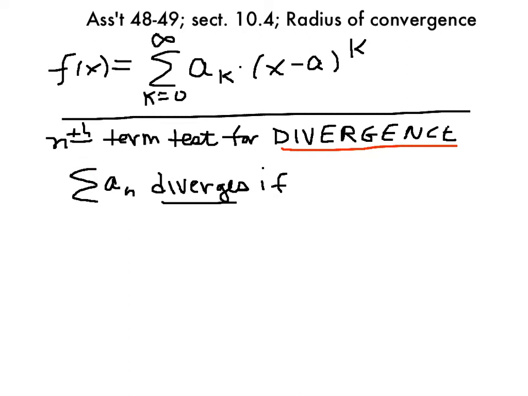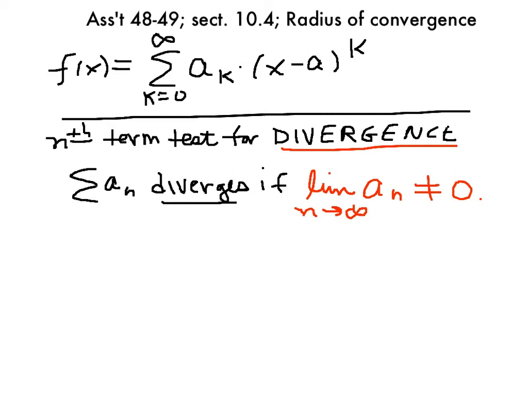So this infinite series will diverge if the limit as n approaches infinity of a sub n is not equal to 0. So what that tells us is that if the terms that we're looking at go to anything except 0, then this series will diverge.